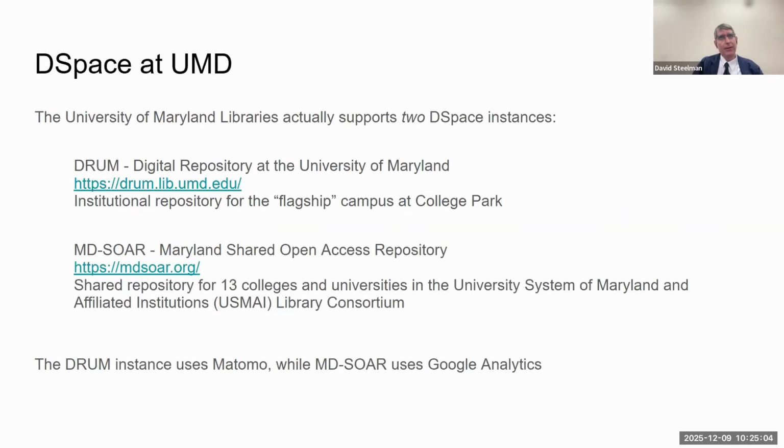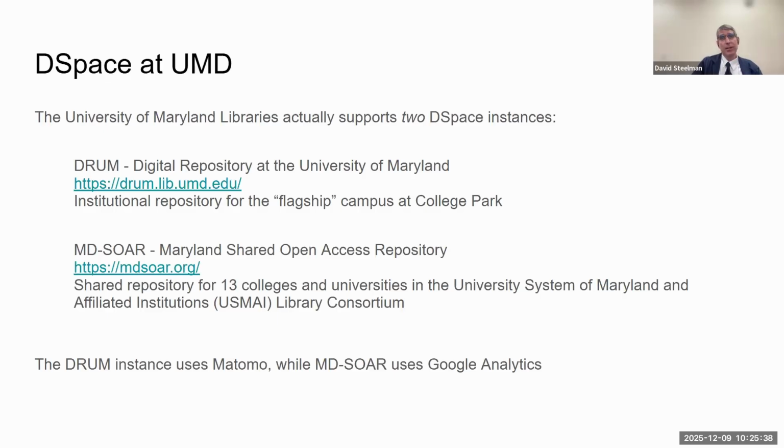So just to provide a little background on our setup, the University of Maryland Libraries actually supports two DSpace instances. The first is DRUM, which stands for Digital Repository at the University of Maryland, which serves as the institutional repository for the scholarly output from the university system's flagship campus at College Park. The other is MD-SOAR, the Maryland Shared Open Access Repository, which is a shared repository for 13 colleges and universities in the University System of Maryland and Affiliated Institutions library consortium, which we just normally refer to as USMAI.